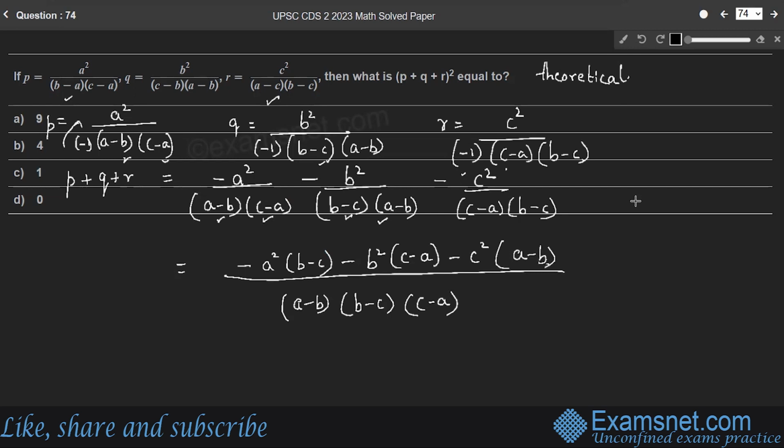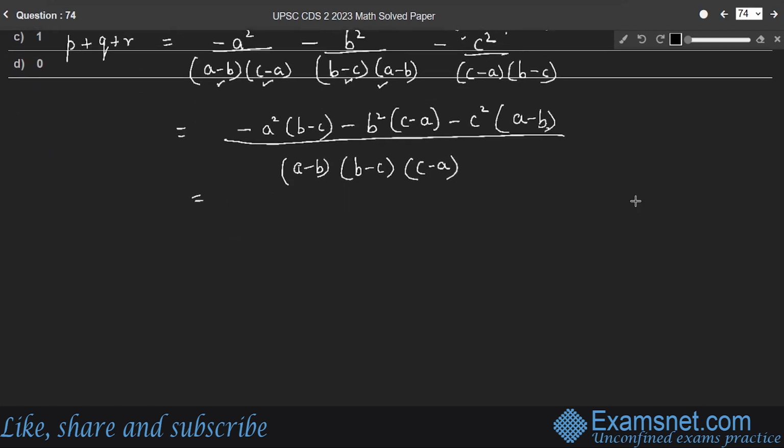Now expand the terms: minus a square b minus a square c, expanding the first term; expand the second term, minus b square c, so minus of minus becomes plus b square a. Third term, expand it: minus c square a plus c square b.